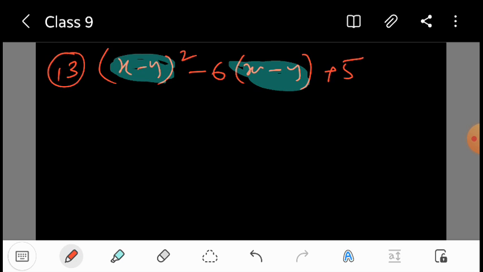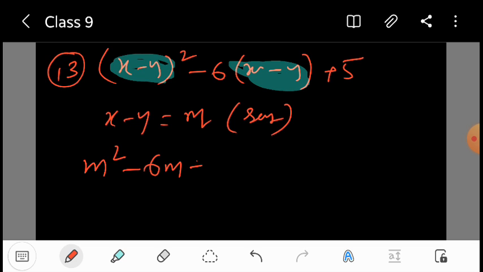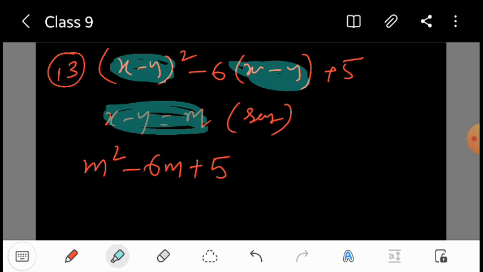So we can consider that x minus y equals m, say. Okay, so this given expression will be m square minus 6m plus 5. We just put this one equal to m, so in the place of this we have m, and for this we have m, right?